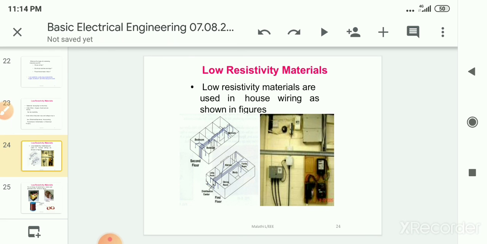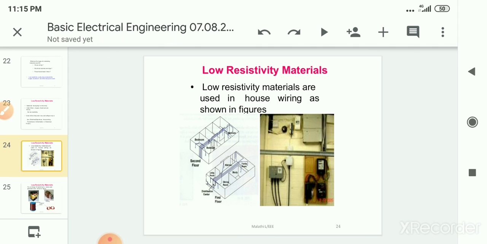In our home, which type of appliances do we use? Electrical appliances, that are TV, fan, light, fridge, and sometimes motor, mixie, iron box, all those things are the equipment. To supply power to our equipment, we use wires.